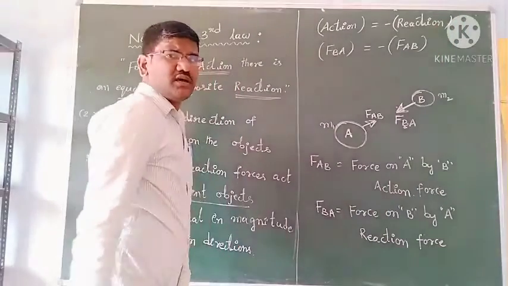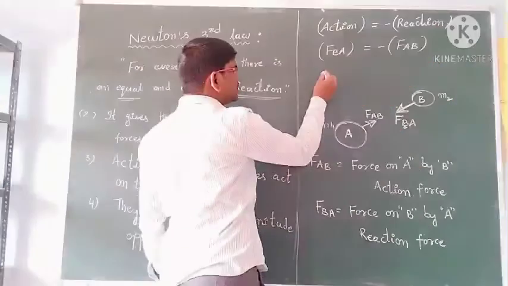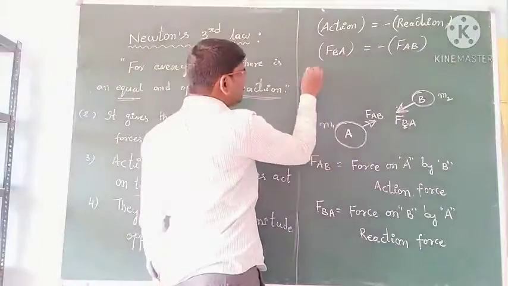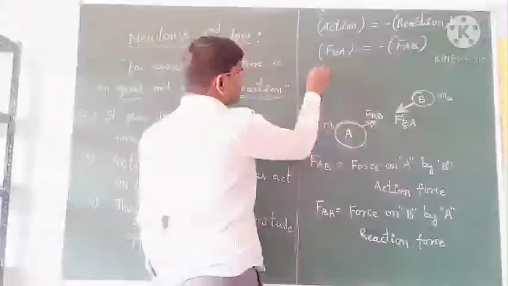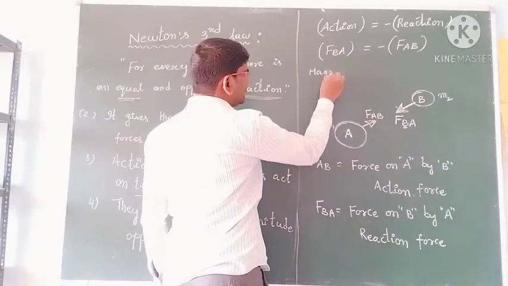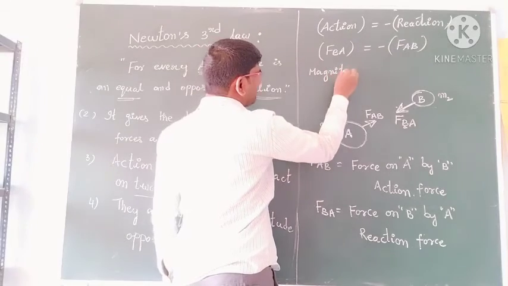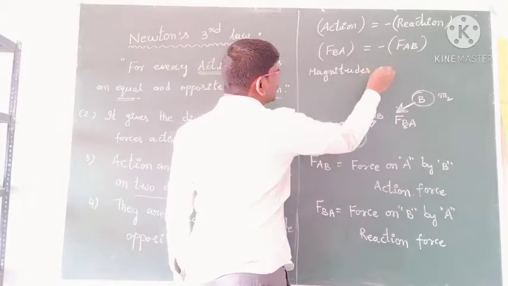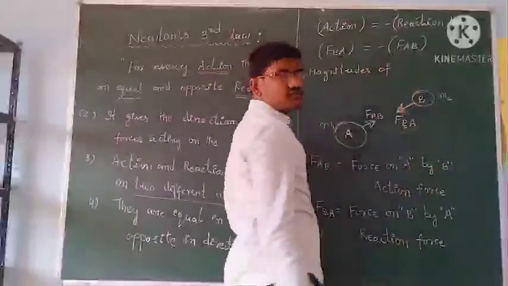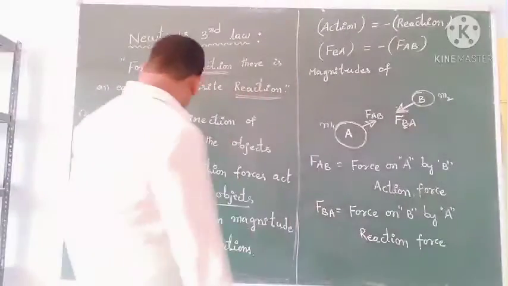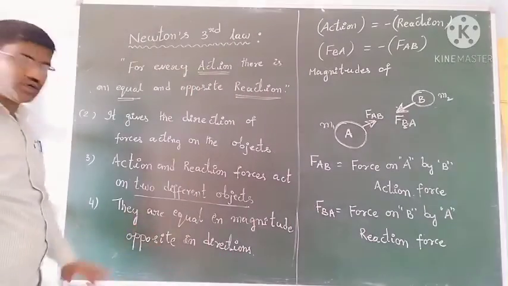Okay students, but if you write the magnitudes, the magnitudes of action and reaction forces are equal. So you can write magnitudes of action force and reaction force are equal. So I have written they are equal in magnitude, opposite in directions.